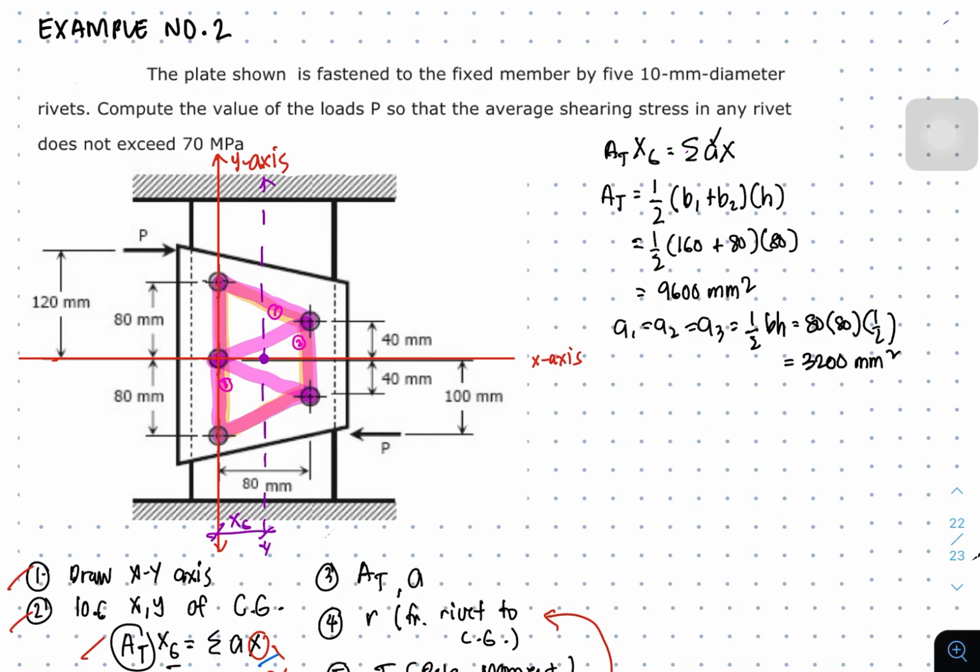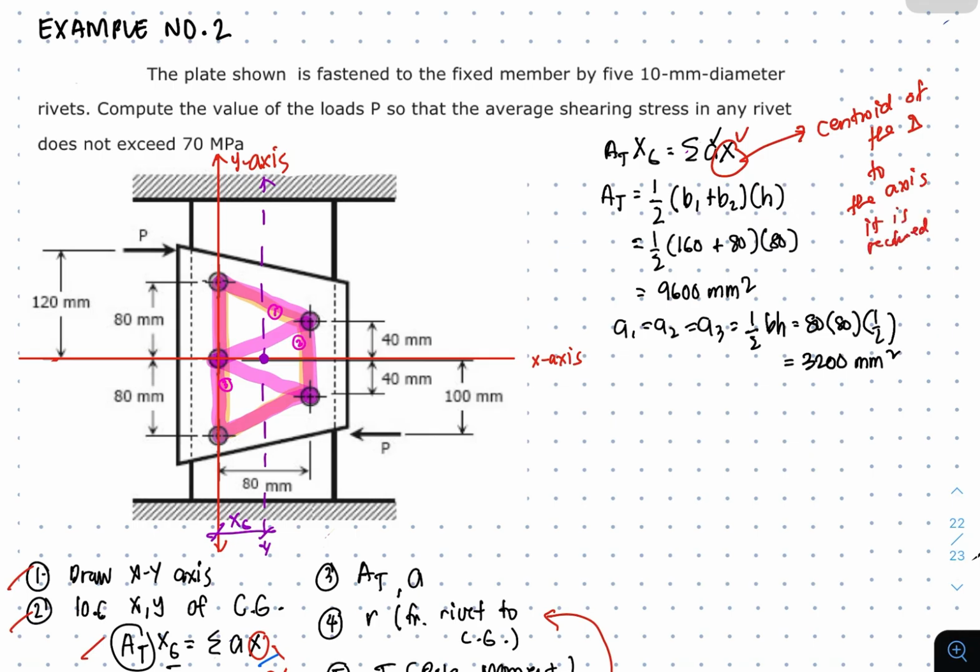So right now, we need to solve for the distances. And as a review, this distance is simply from the centroid of the polygon or the triangle to the axis it is reckoned.